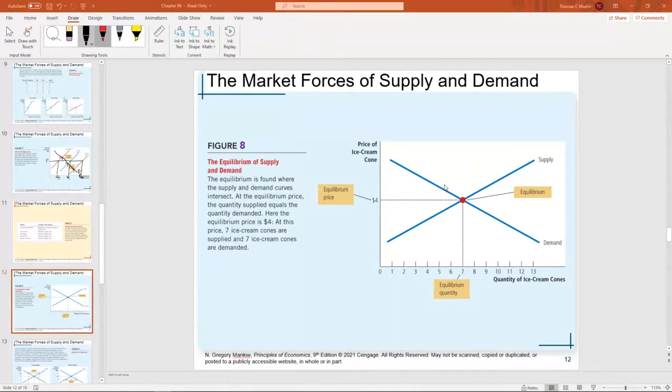You see a decrease in quantity and an increase in the price. If the price of milk goes down significantly, you'll see a shift to the right-hand side.